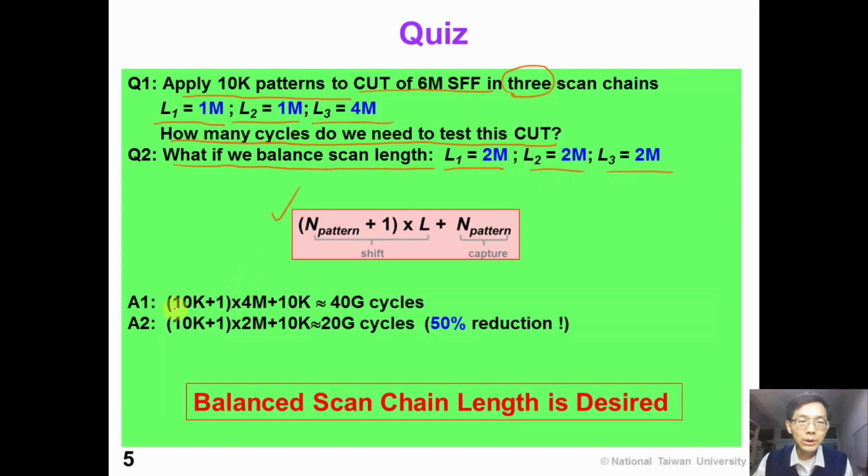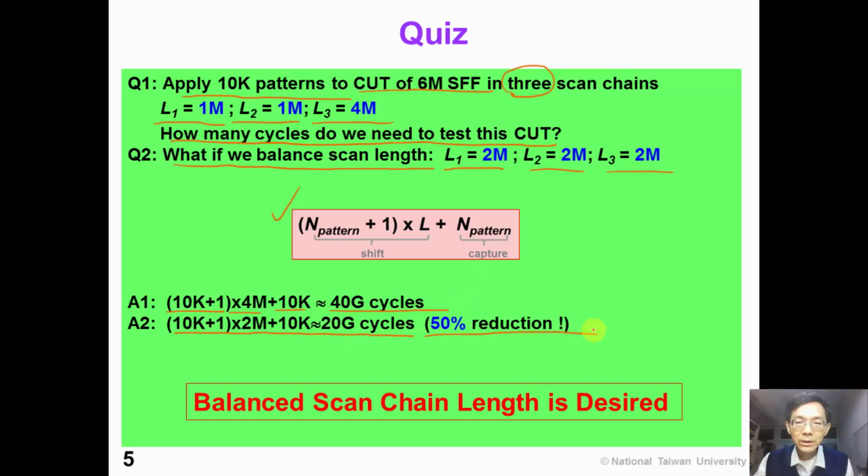For the first question, we have (10,000 plus 1) times (4 million) plus 10,000, which is approximately 40 gigacycles. This is a long test time, but if we balance the scan chain length, that will be only 20 gigacycles.